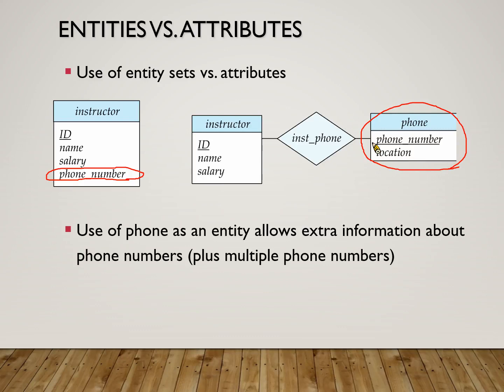This phone entity set is associated with instructor via the instructor-phone relationship. In general, these two types of representations are acceptable since they reveal the concept that phone number is a property of instructor.